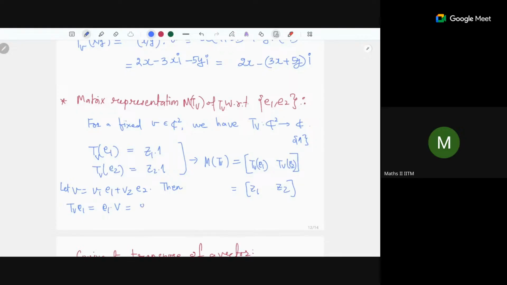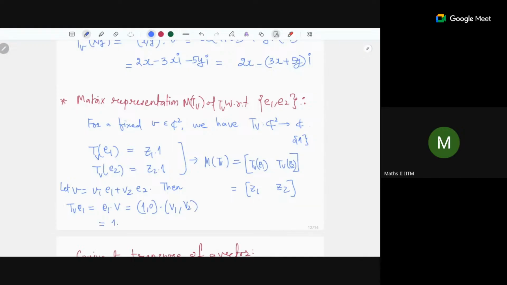Now e1 is (1, 0), so it is (1, 0) dot (v1, v2).